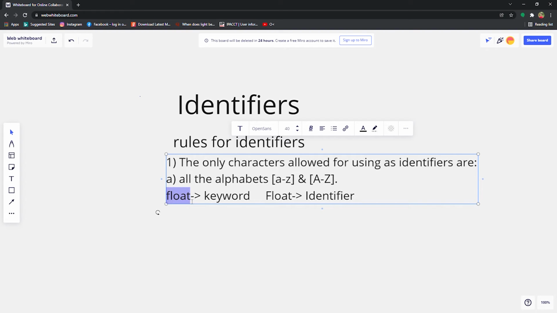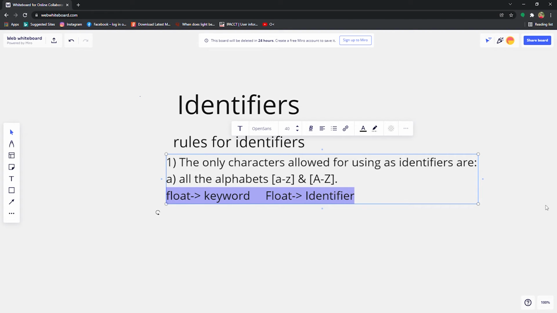It will always be treated as a keyword whenever you write float with a small f. But if you write float with a capital F, Java will treat it as a name, or I should say an identifier, because float is not written with a capital F in Java. I hope you have got it.